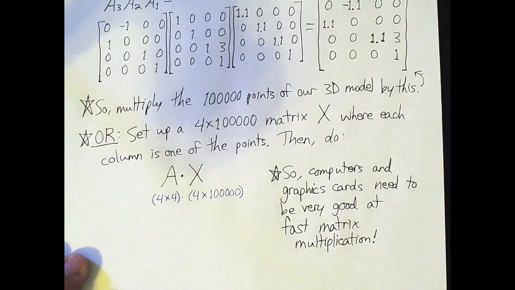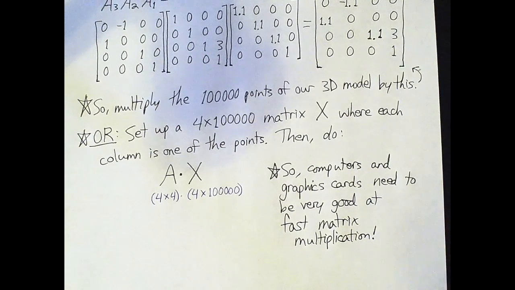Yeah, so this is going on behind the scenes. Anytime you play a 3D video game, objects are being rotated and scaled and transformed, and all of these things are happening all at once to hundreds of thousands of points.